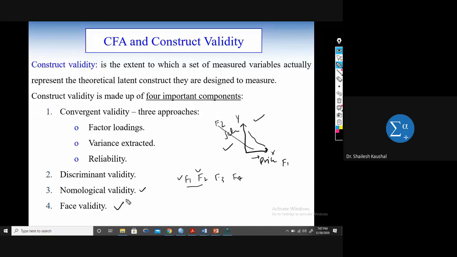And next is face validity. Face or content validity, we go through the literature review. Through the literature review, whatever constructs we are taking in our study, each construct has four or five questions.